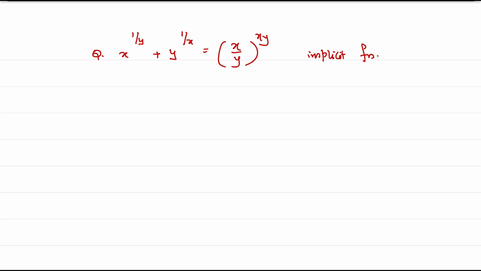In this type of functions, we have to assume certain things and proceed, because we don't have anything except to assume something and proceed further. x to the power of 1 by y plus y to the power of 1 by x is equal to (x by y) to the power of xy. And we have to find the value of x and y so that this particular equation is satisfied.